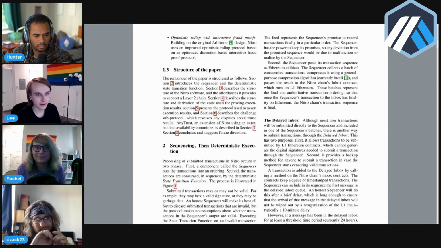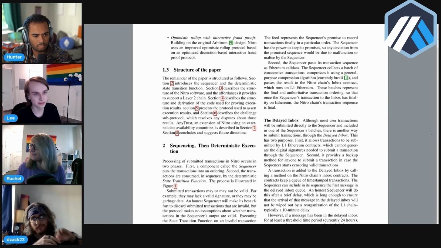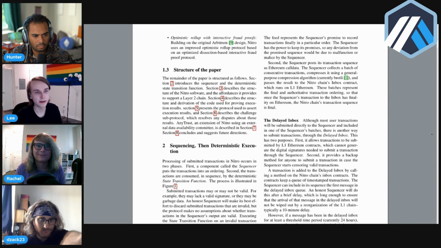So Ethereum already improves on that with EIP 1559, which makes it a lot more certain when your transaction's going to get in. And then Arbitrum with the sequencer makes it pretty much instant, because the sequencer is able to very quickly deliver you a promise about when your transaction will be posted to L1.